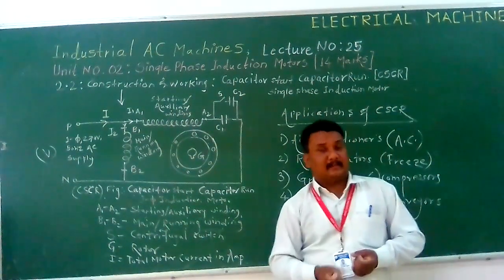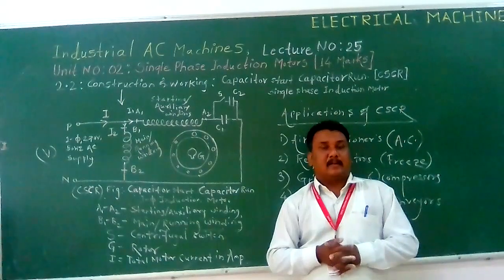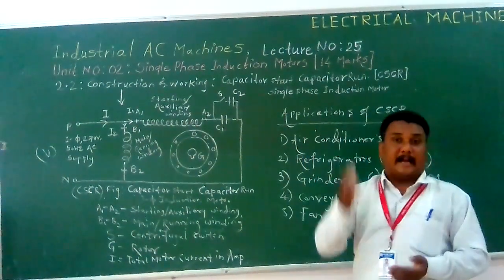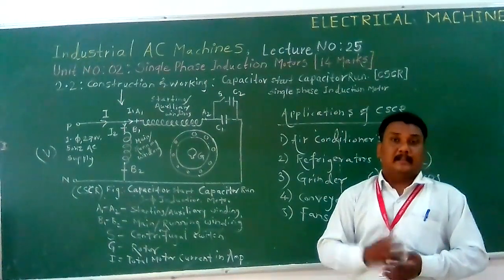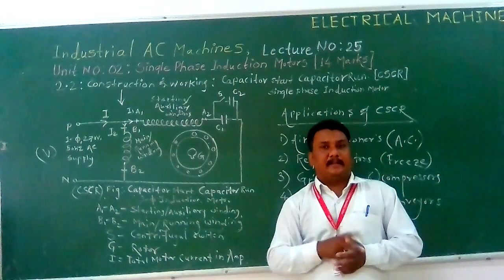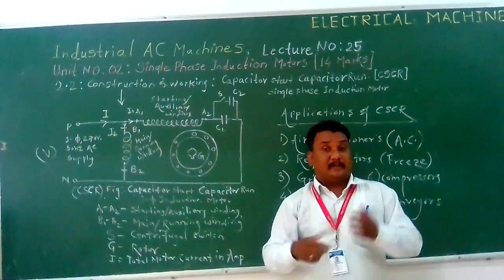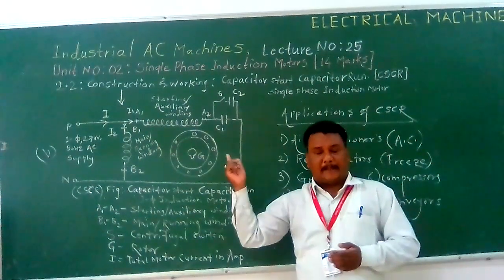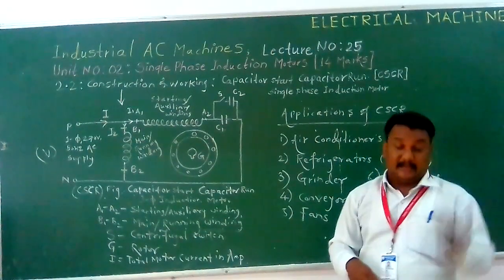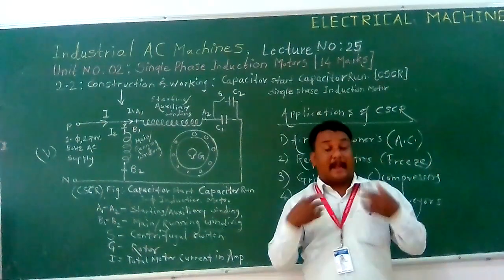Then we are seeing its torque slip characteristics. The torque slip characteristics make it clear that the starting torque is 50%, almost of the maximum torque, but in the previous types of motor, it's near about 20 to 25% of the maximum torque. Means by using two capacitors, starting and running, starting as well as running torque will increase. Then we are seeing its applications.